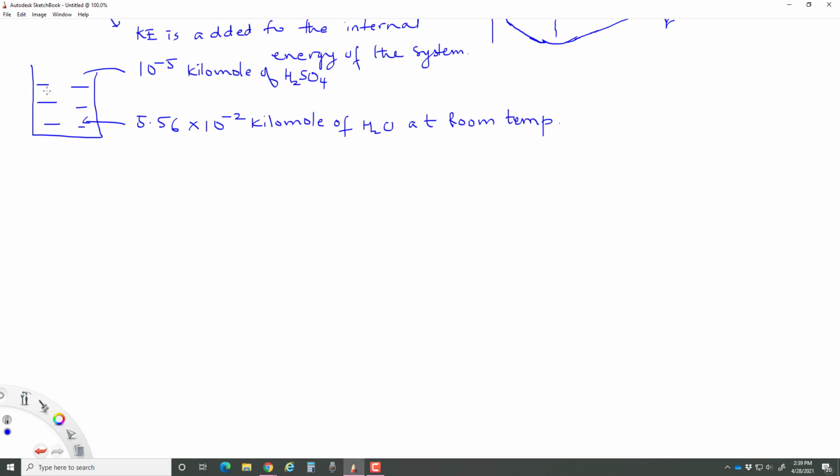As a result, there would be an increase in temperature by 0.1 degrees Celsius. Here we assume that the interaction between the sulfuric acid molecules is smaller compared to the interaction between the sulfuric acid and the water molecules.